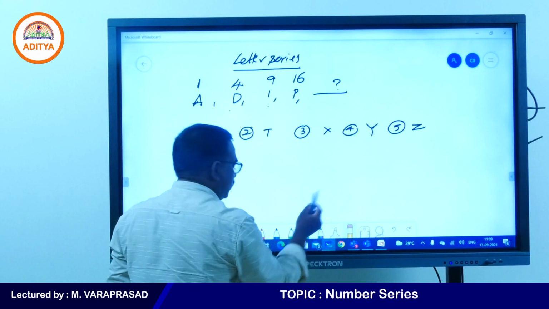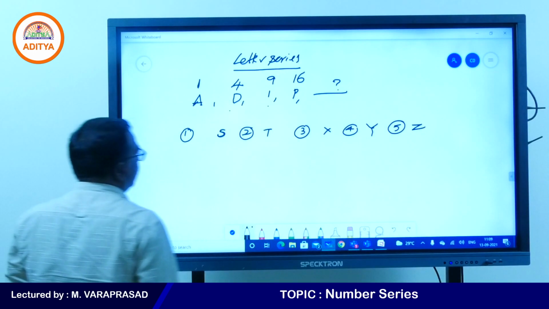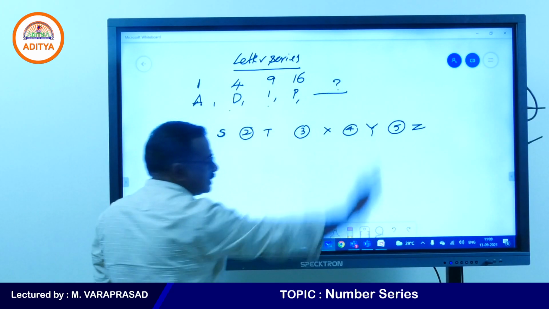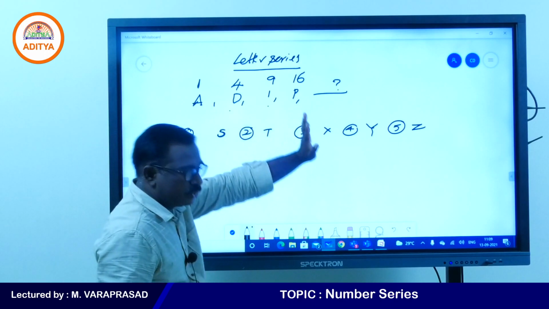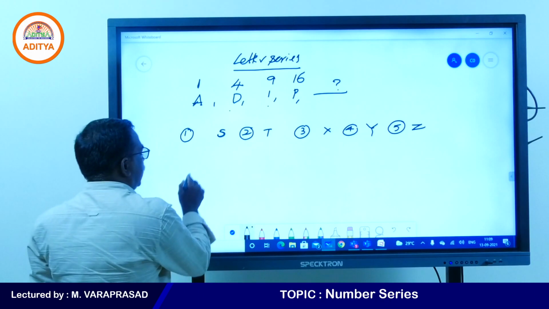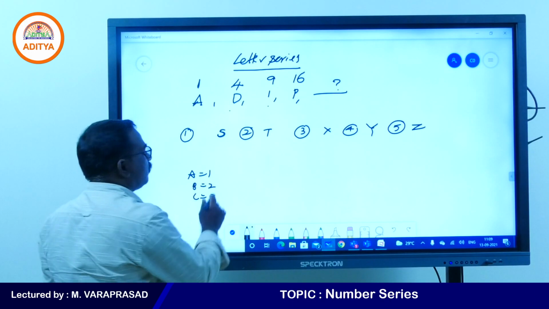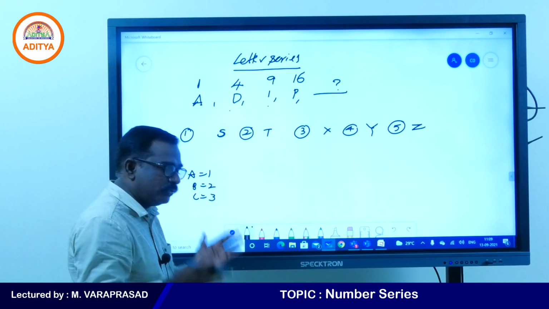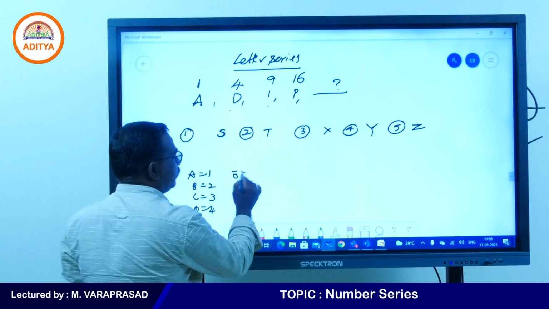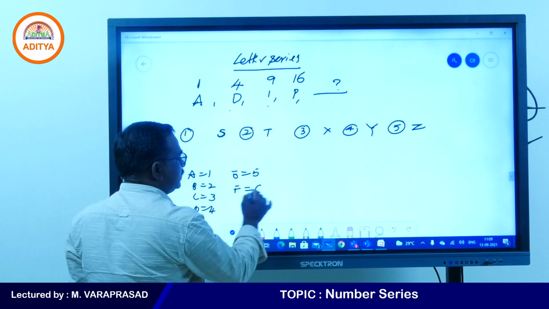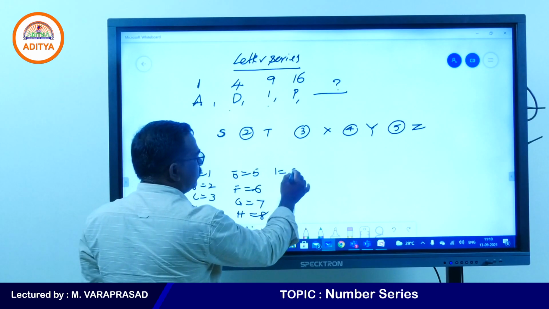Many of you I think got an idea. Somebody is asking to tell again. See once here, a logic pattern is given. Given A D I P, what is the question mark? You take A equal to 1, B equal to 2, C equal to 3, alphabets given place values from 1 onwards, D equal to 4, E equal to 5, F equal to 6, G equal to 7, H equal to 8, I equal to 9.